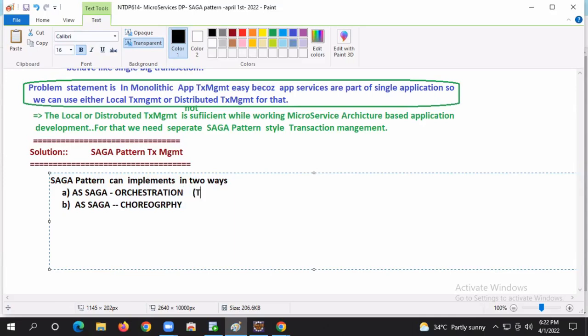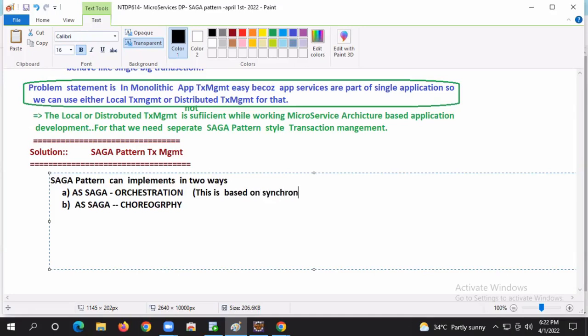Tell me, guys, this is based on synchronous communication. You can implement it in two ways, guys.